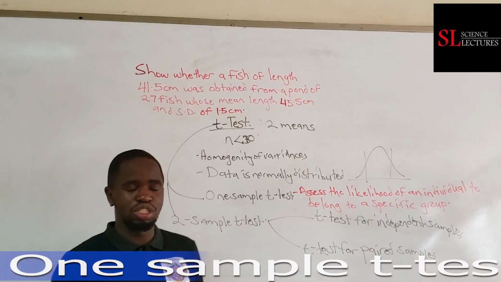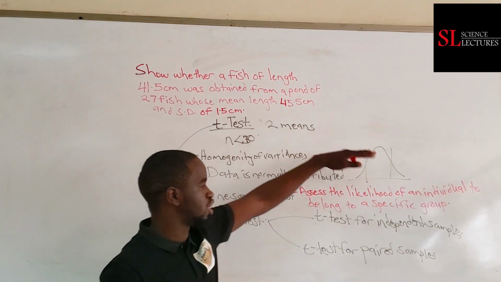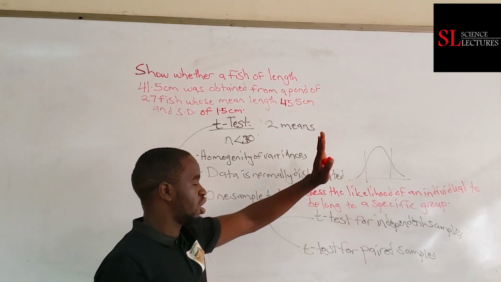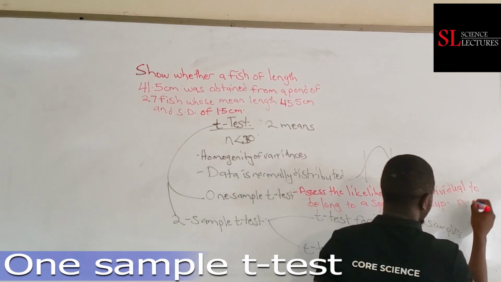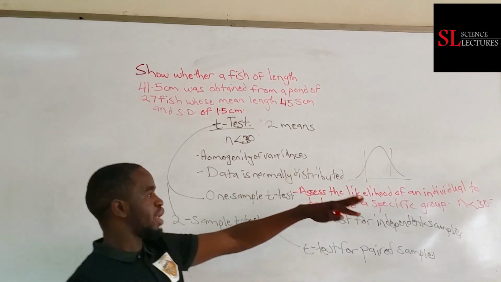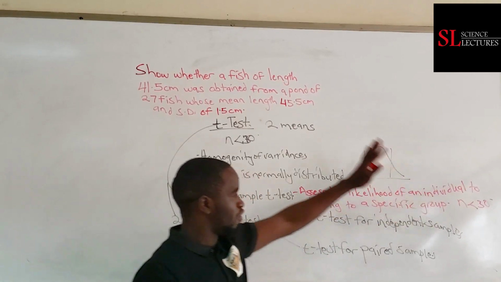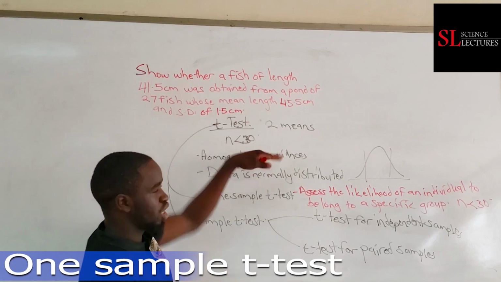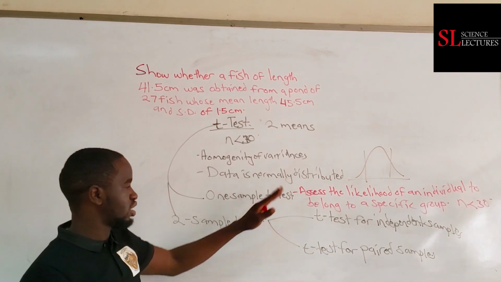So in a one sample t-test, we assess the likelihood or the chance of an individual to belong to a specific group, but the value of n in that group is supposed to be less than 30. So whenever you try to compare an individual to a value from a specific group when n is less than 30, that is what we call a one sample t-test, and we're going to see some examples where that is utilized.